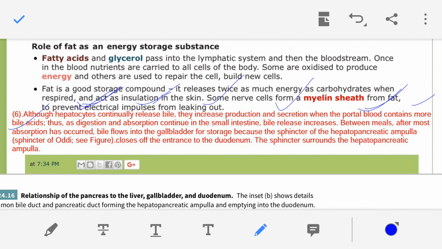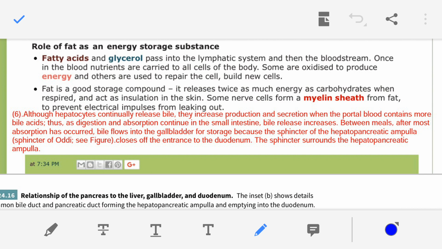That means when the digestion and absorption is continuing in the small intestine, at that time bile release from the liver is increased. That means after the meal that we have taken, the food that we chew becomes a bolus, then it enters the stomach, then the chyme enters the duodenum, then the jejunum, and the ileum.